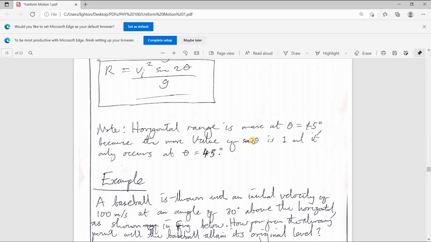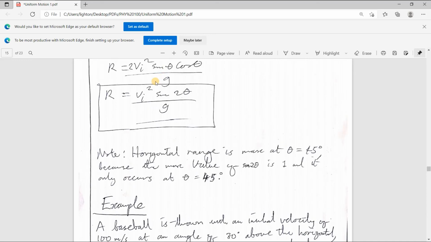When you look at this equation, you find that this is constant and this is constant. The only thing which will be variable is theta here. So long as v i is kept constant and g is kept constant, the horizontal range can be maximum if we project the particle at theta equals 45 degrees.